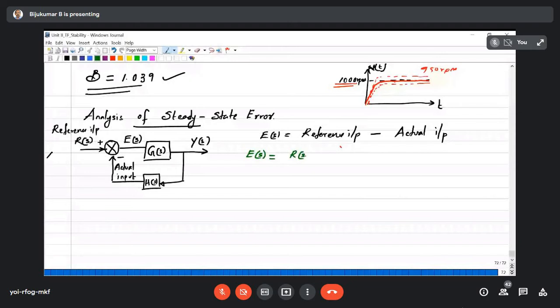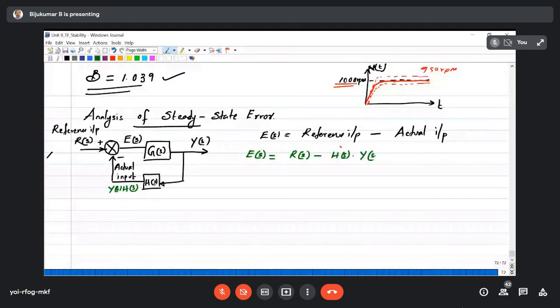What is the actual input coming here? Because Y of S is feeding to the gain block H of S, the value coming here will be Y of S multiplied by H of S. So we can write R of S minus H of S multiplied by Y of S.